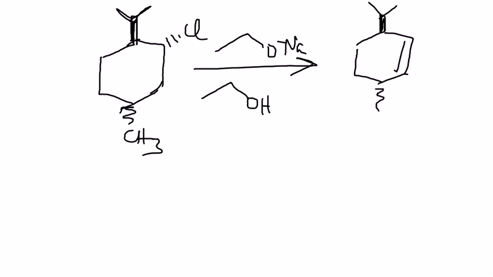Here's your double bond, and here's the CH3, and you have to provide the arrows as to how the reaction is occurring. I think the easiest for me would be a chair.